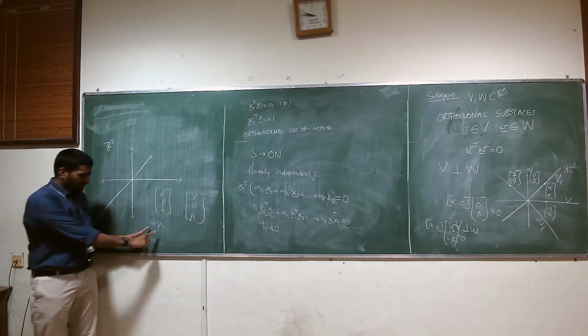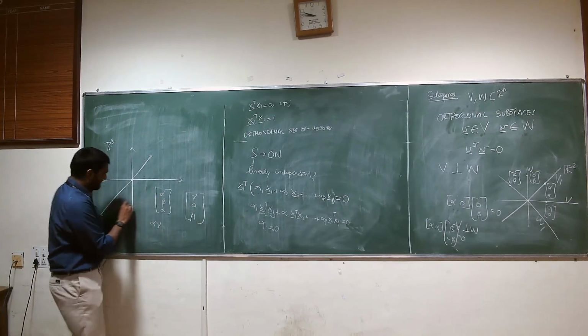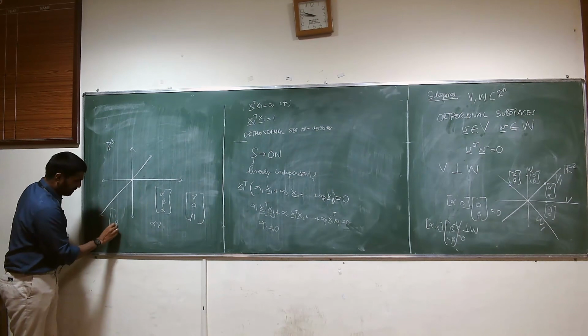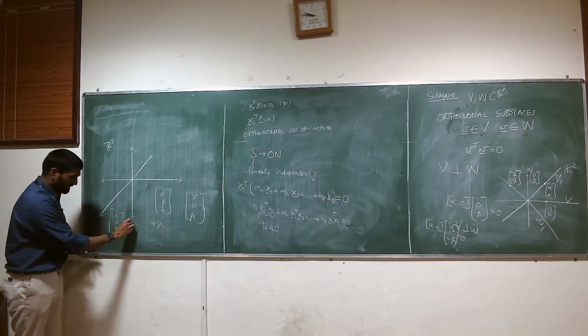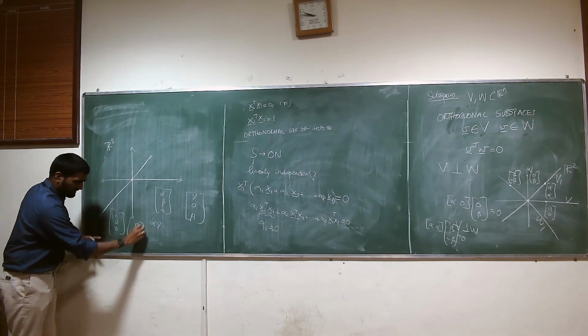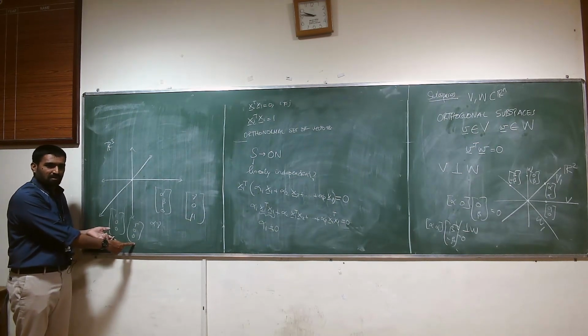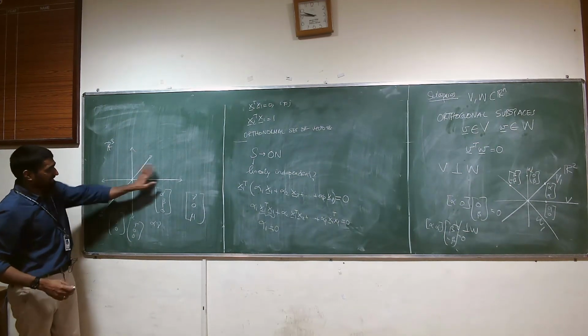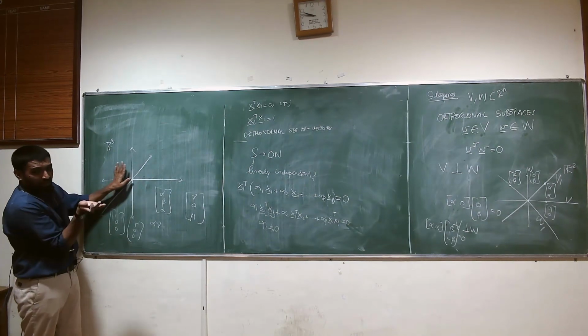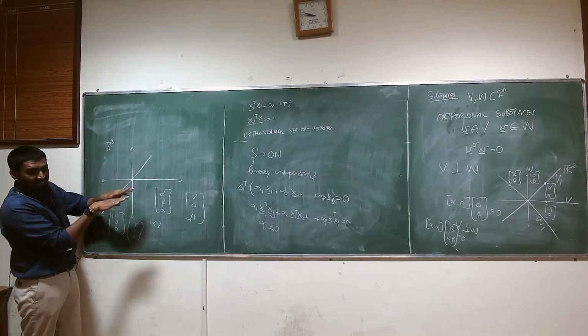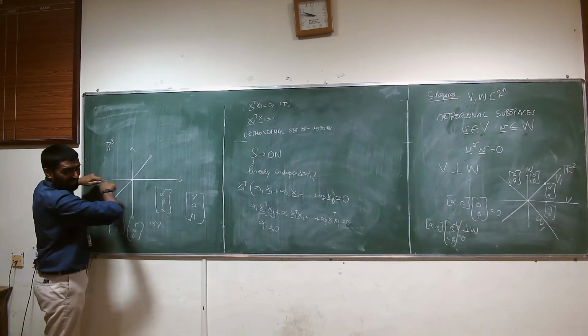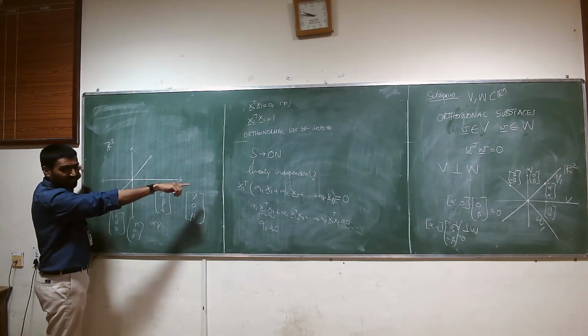No, it depends. What if I choose 1, 0, 0? That is from the XY subspace. I choose 5, 0, 0. This is from the XZ subspace. The inner product is not 0. That means the XY and XZ are not orthogonal. That's because their intersection is the x-axis. That's why it's not.